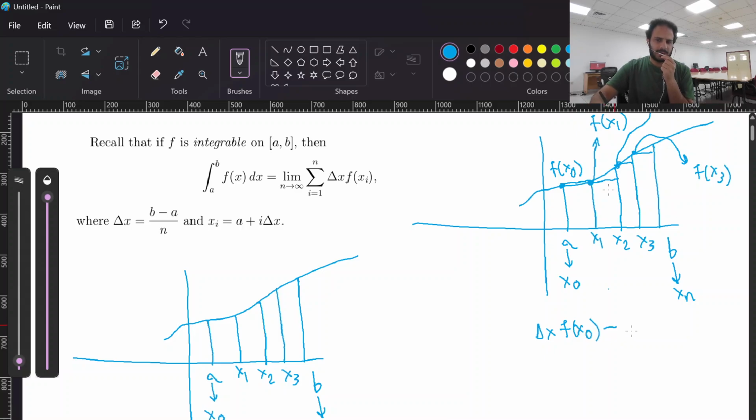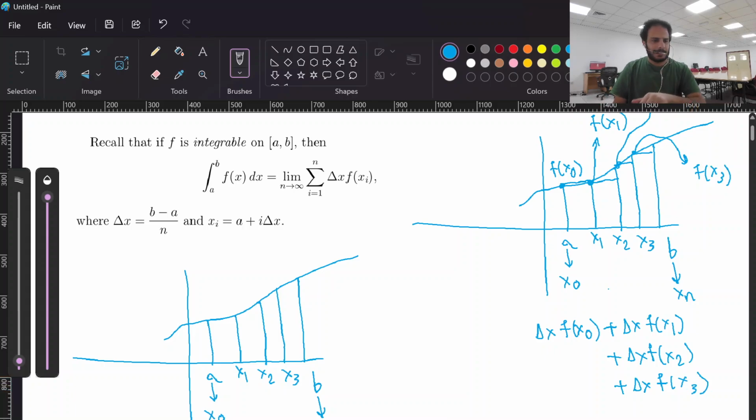Then plus delta x f of x1, plus delta x f of x2, then plus delta x f of x3. So here we are using left endpoints for this one.